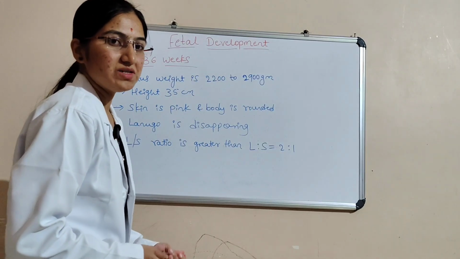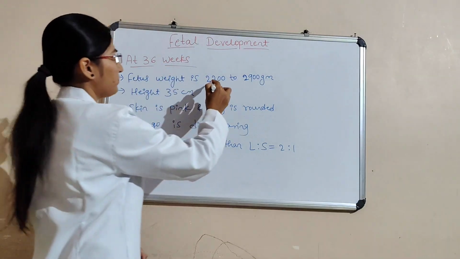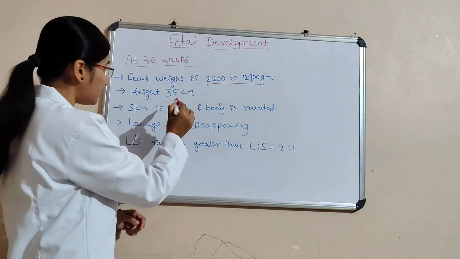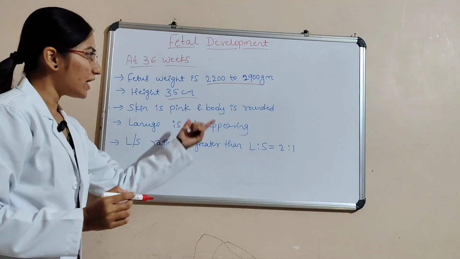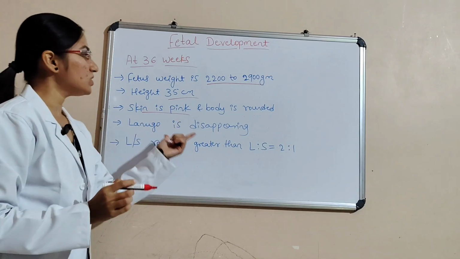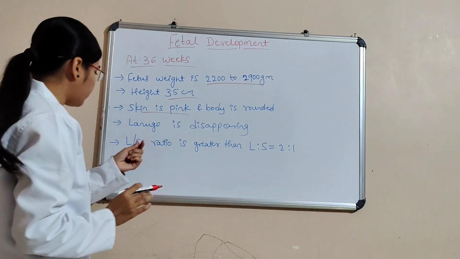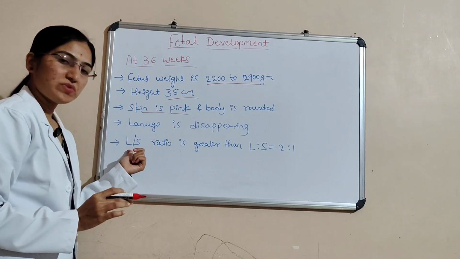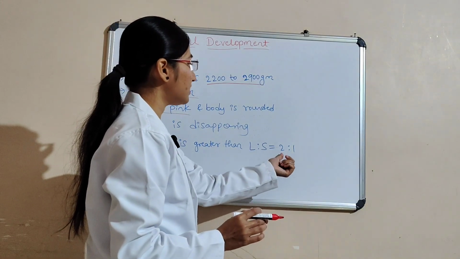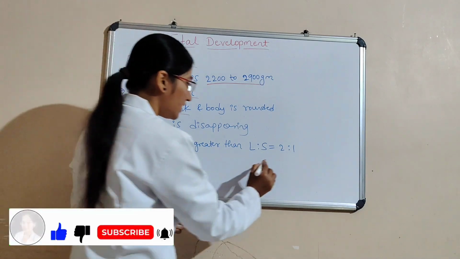Next we'll see 36 weeks. Here fetus weight is 2200 to 2900 gram, and height is 35 centimeter. Skin is pink and body is rounded. Lanugo is disappearing. The LS ratio, that is lecithin sphingomyelin ratio, is greater than 2:1. That is the normal level.